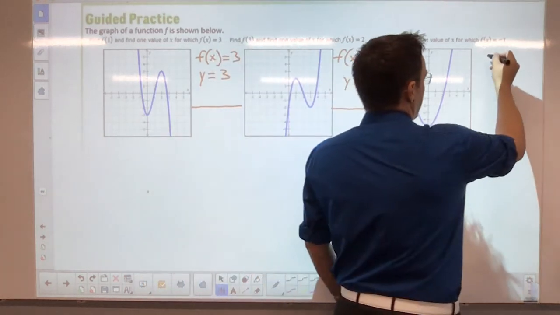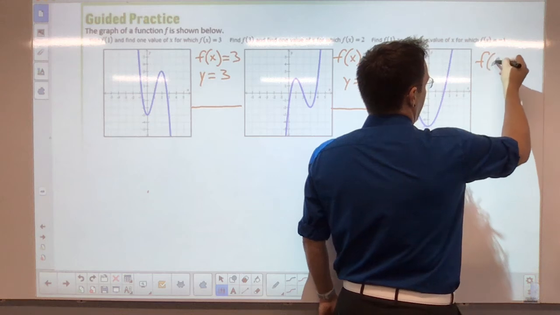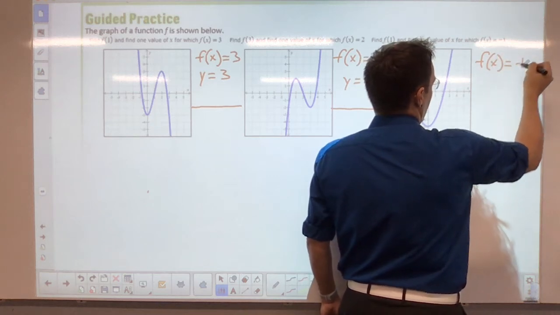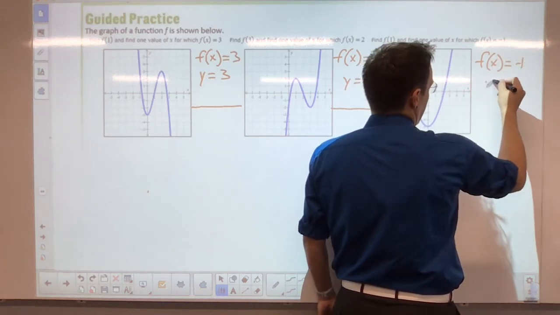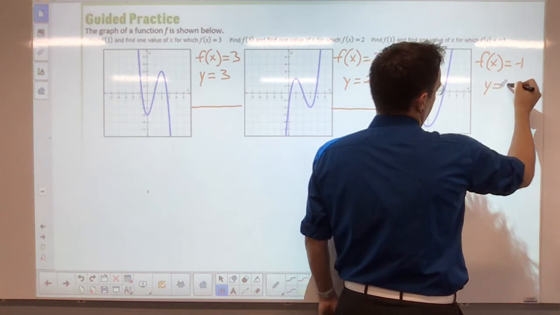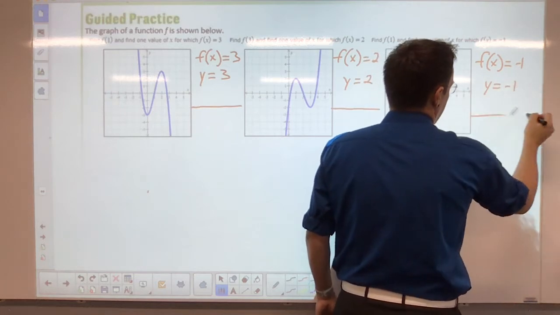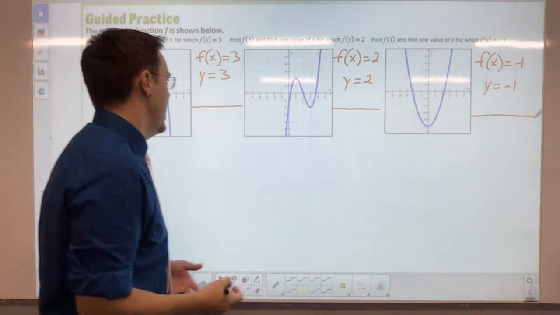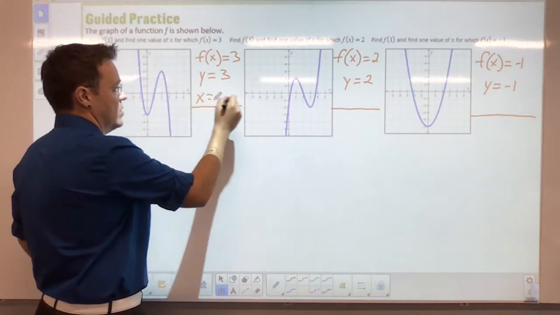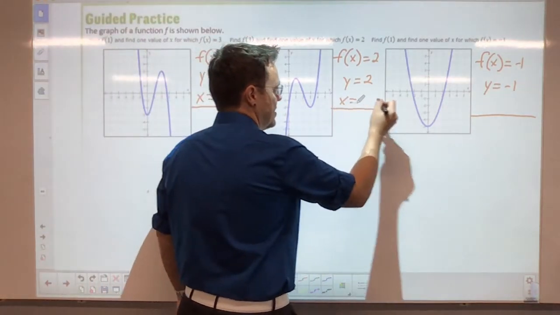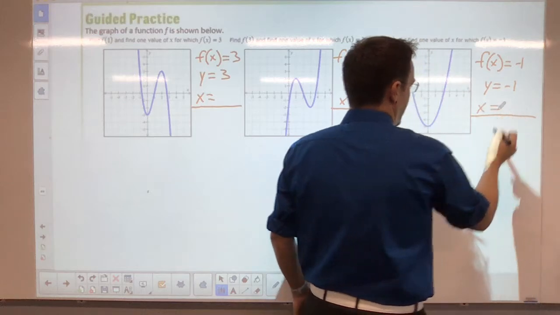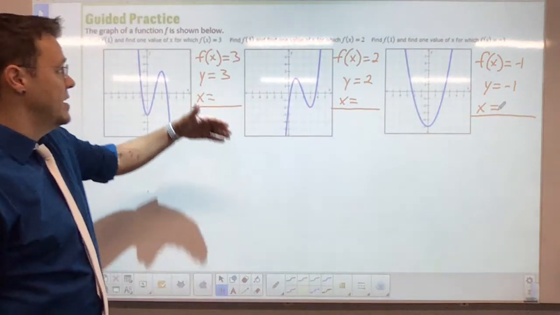And the last one here, f of x equals -1, then y equals -1, and give me your x. You're trying to find what x equals. You just plot it out on the graph and go from there. And then you need to find the other one.